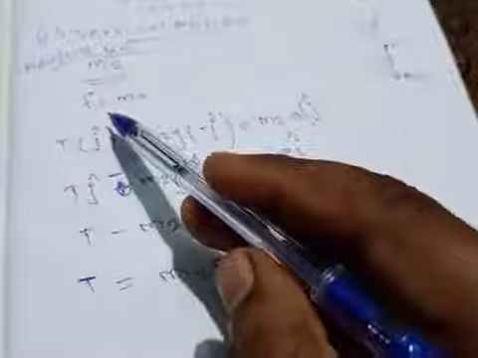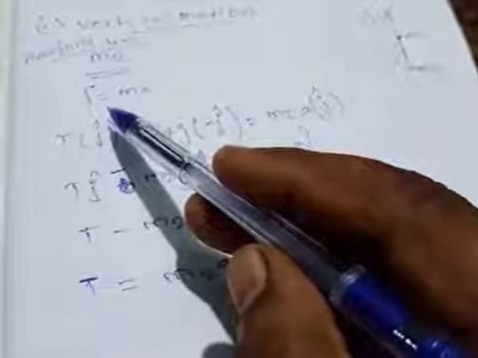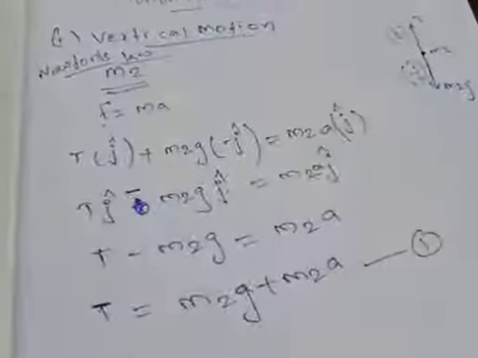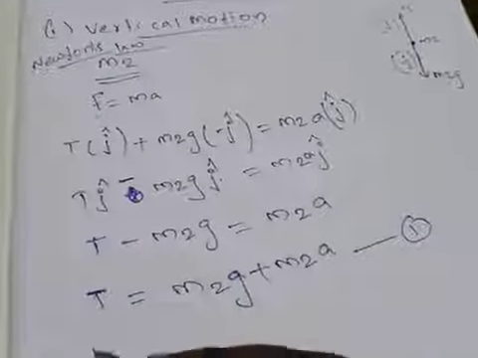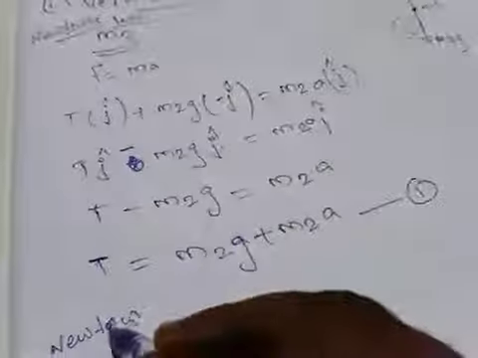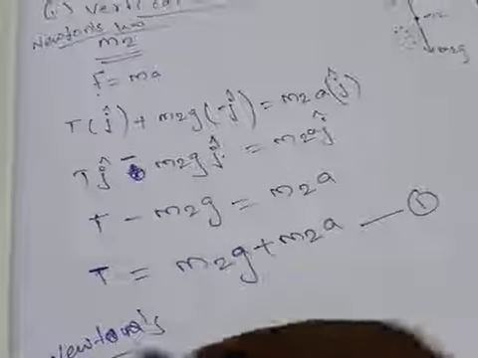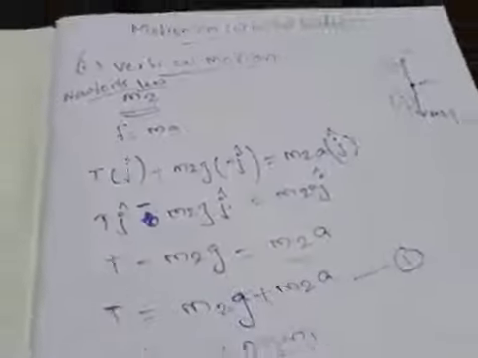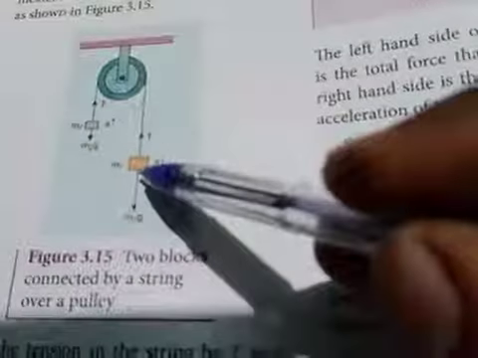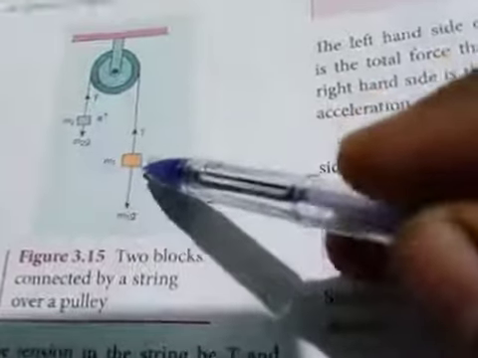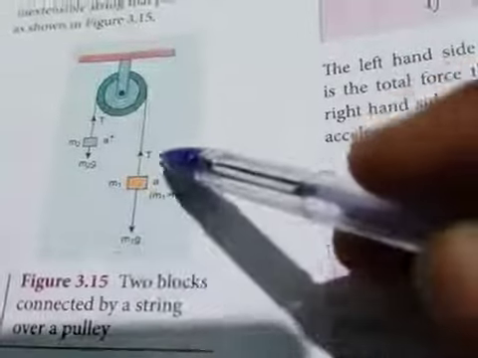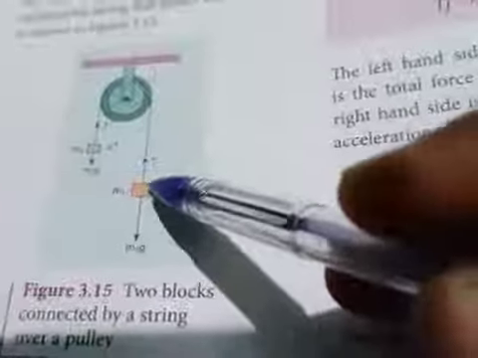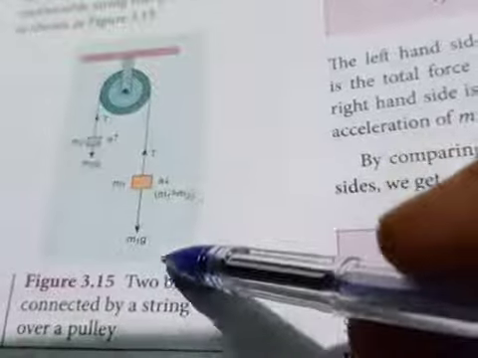So applying Newton's law on mass M2. Now you can apply Newton's second law on mass M1. So let us see how it is. You see here, this is mass M1, upward tension is there, downward M1 g is there, and the acceleration of this M1 is also in the downward direction.